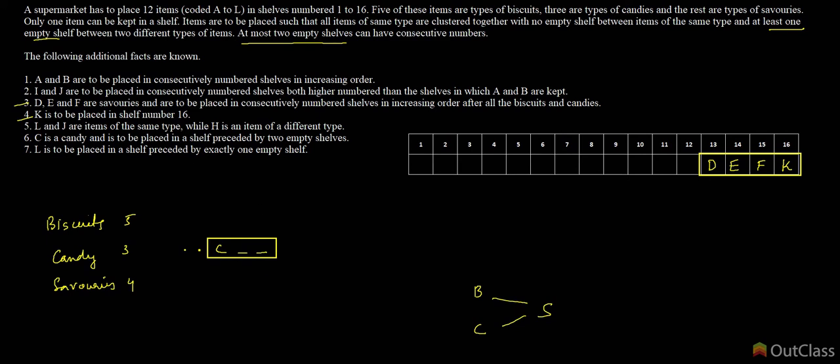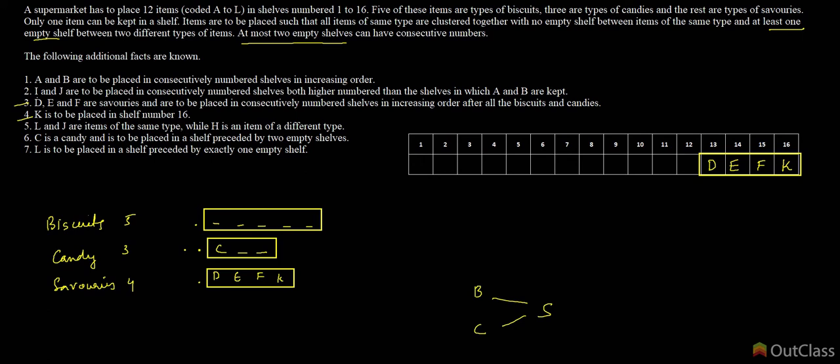Biscuits is a set of 5. Savories is a set of 4. We have already identified them: D, E, F, K. There has to be at least one gap before. Notice that there are 12 items in 16 shelves, so there are exactly 4 gaps.